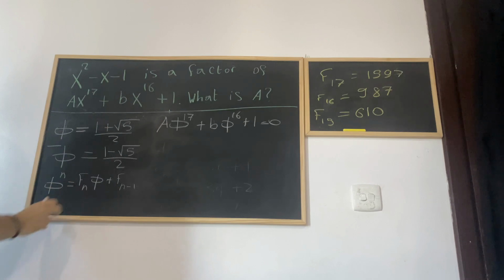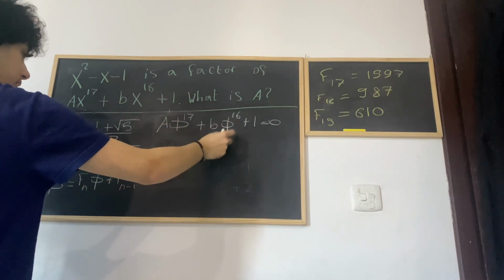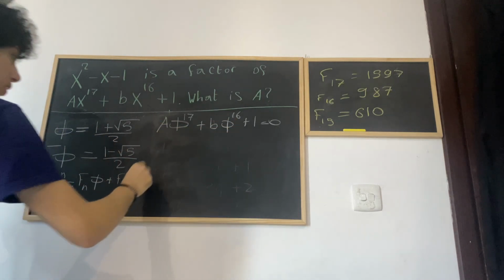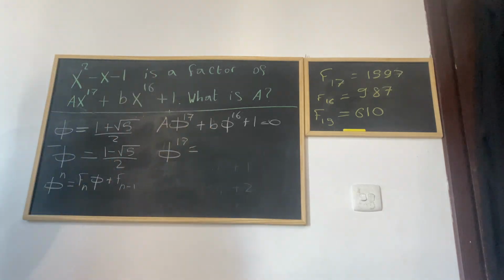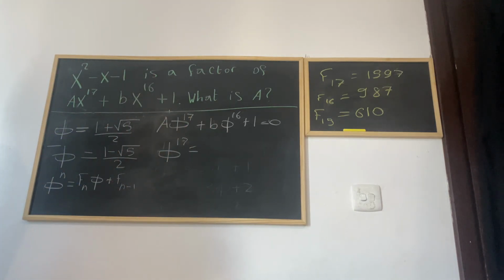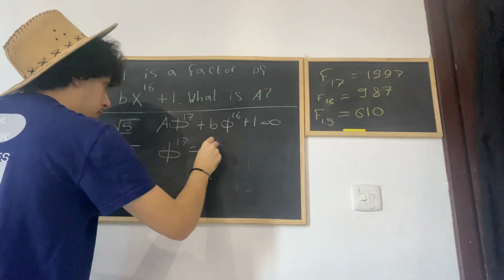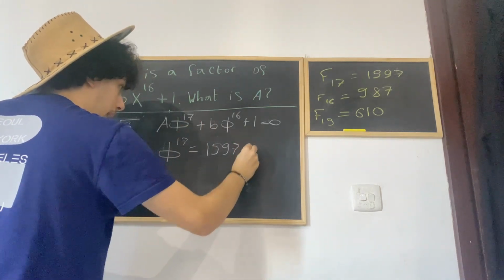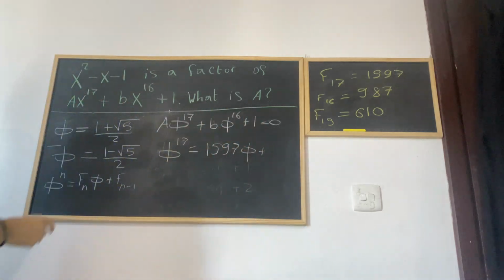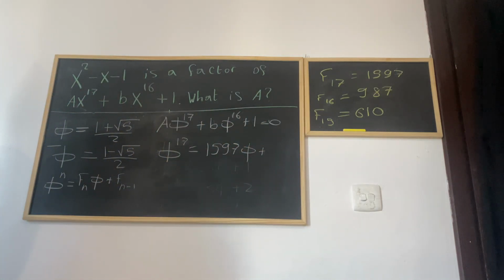Now, let's use this general formula to find phi to the power of 17 and phi to the power of 16. So, phi to the power of 17 will equal, what's the 17th Fibonacci number? It's 1597. So 1597 multiplied by phi plus, what's the previous Fibonacci number? So Fibonacci number 16 is 987.